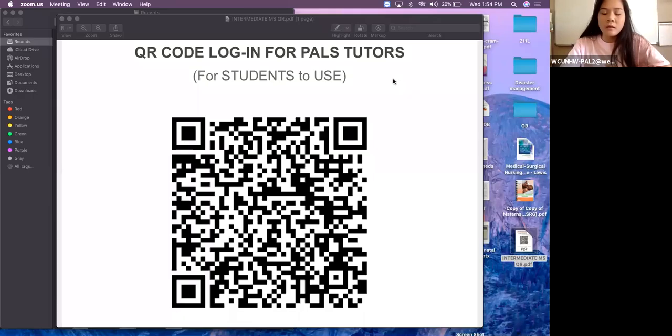Not sure how to use the code to sign in. Basically you use your phone camera and scan this code, and it'll give you a link, and you will click on that link and fill out the form.